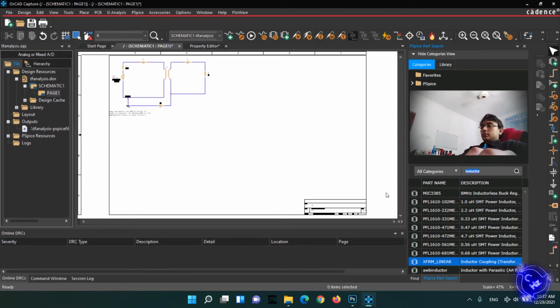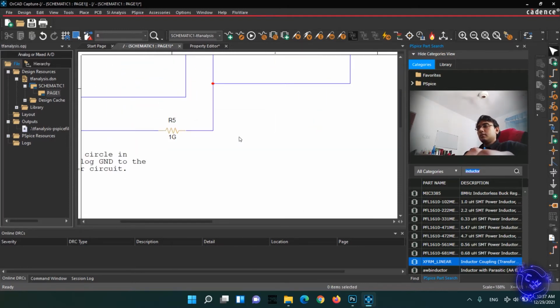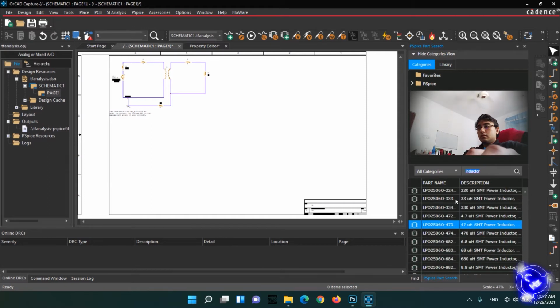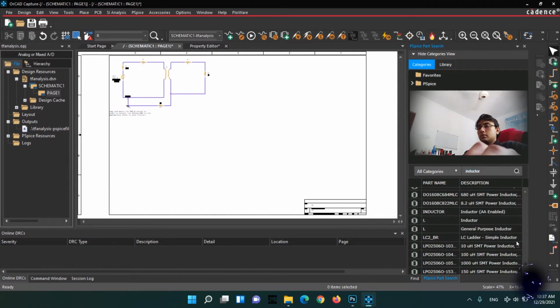Now I would like to draw the same transformer circuit by using inductors, by using a general inductor, right? Here, this is the inductor here.